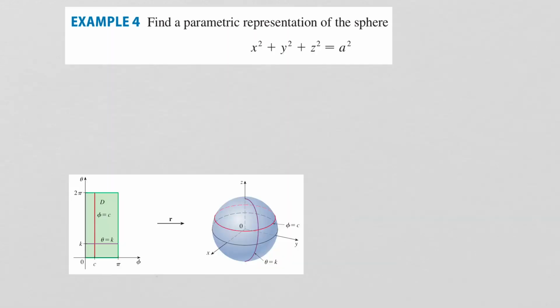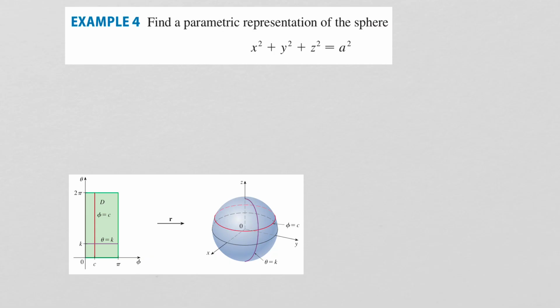In the next example, we want to find a parametric representation of the sphere x squared plus y squared plus z squared is equal to a squared. So that is simply a sphere whose center is at the origin and whose radius is equal to a. Well, this is a perfect situation to simply use the spherical coordinates.